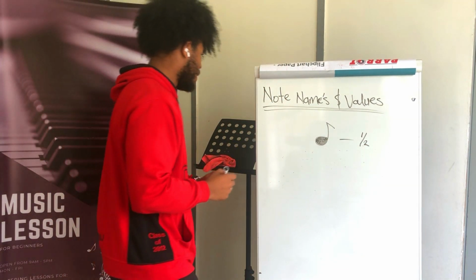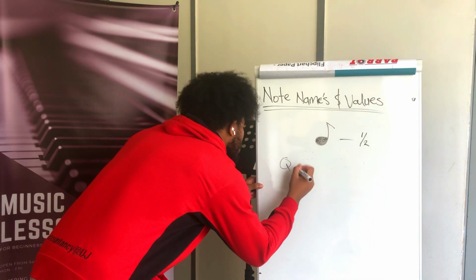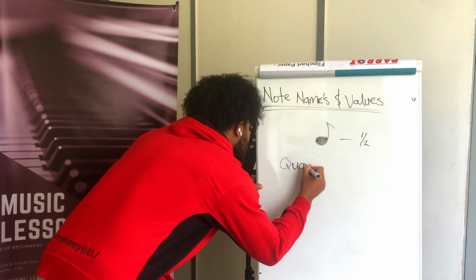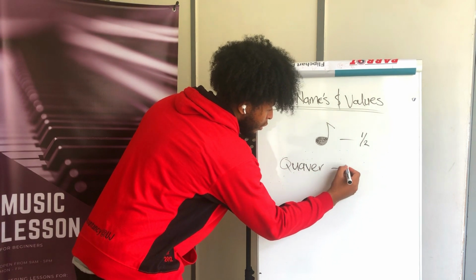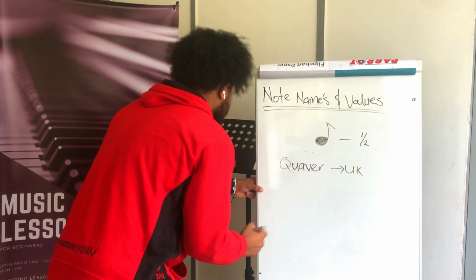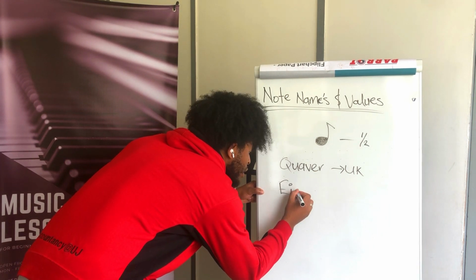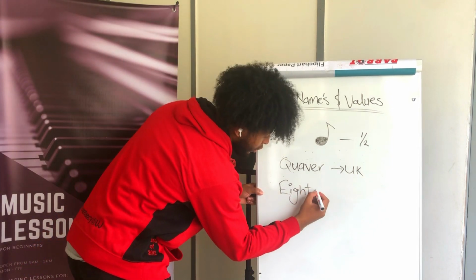Right? Now the name in the UK is quaver, right? That's in the UK. And in the US, we call it the 8th note. Right? So keep in mind, different names, but the same thing.